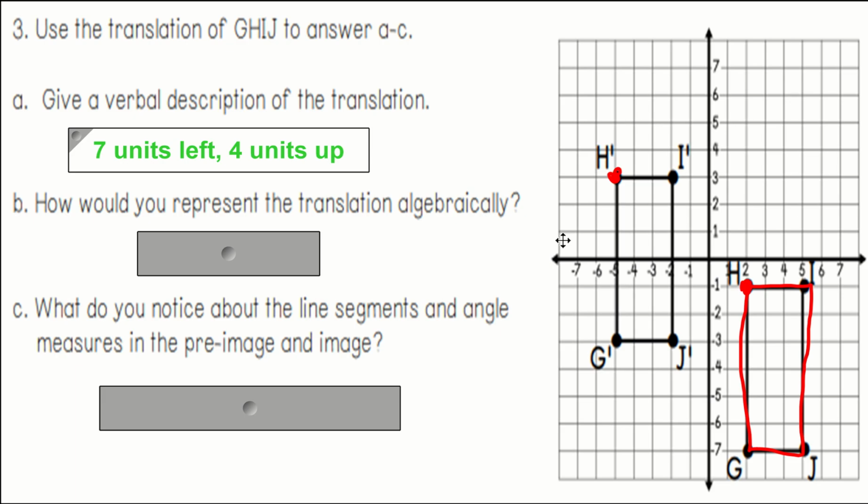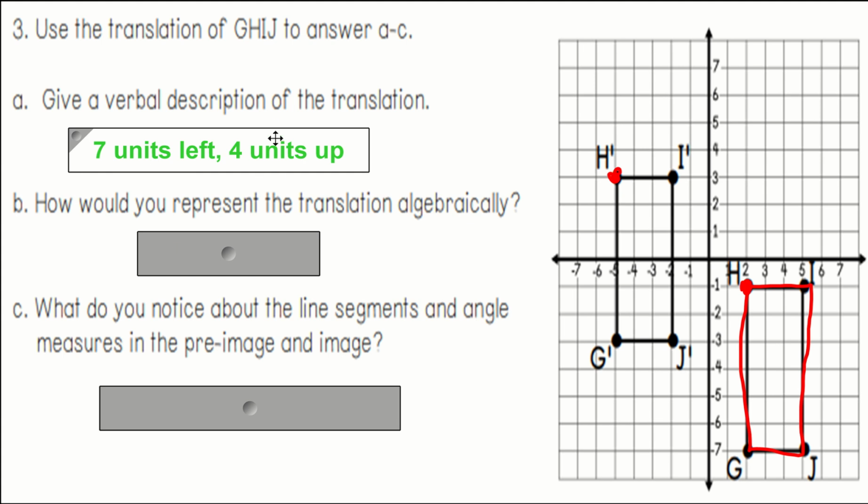I went up and to the left. For the words, that part doesn't matter. When it's an ordered pair, the order definitely matters because left and right is your X, up and down is your Y. Algebraically then, like I said, left and right's the X. If we are going left, that means we subtract from the X value.